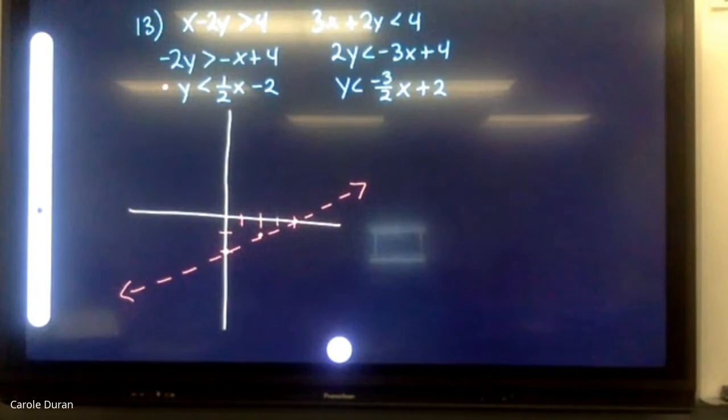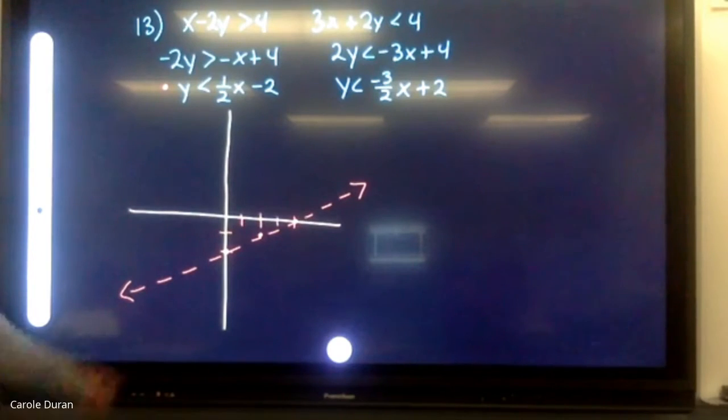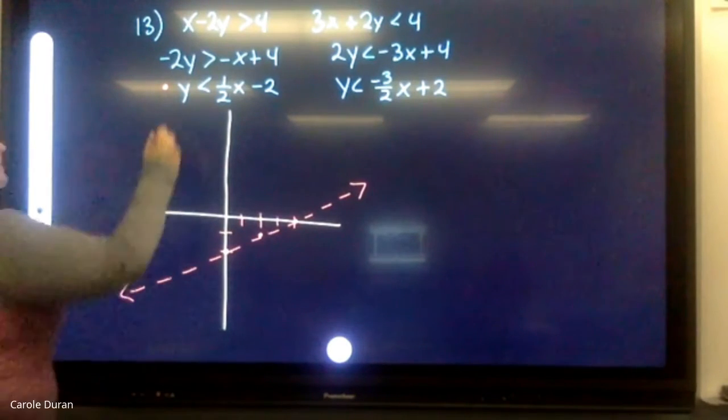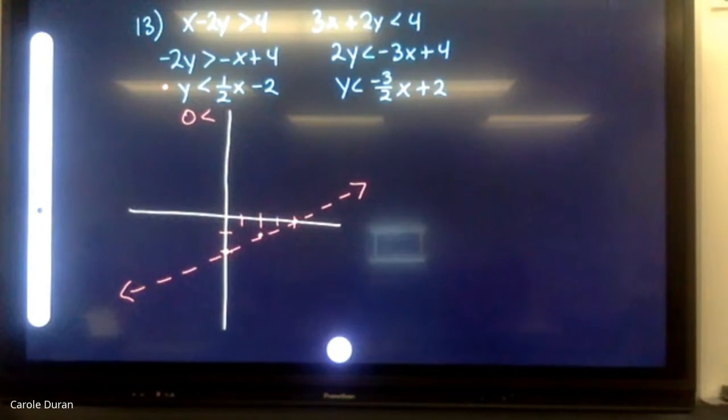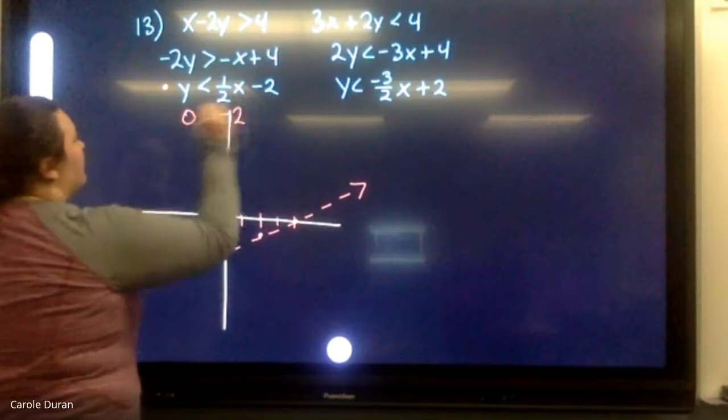Once I've drawn the line, I need to check my shading direction. How do I do that? Plug in 0, 0 for x and y. When I plug in 0 for y, I just get 0. When I plug in 0 for x, I get 0 minus 2, which is what? Is 0 less than negative 2?